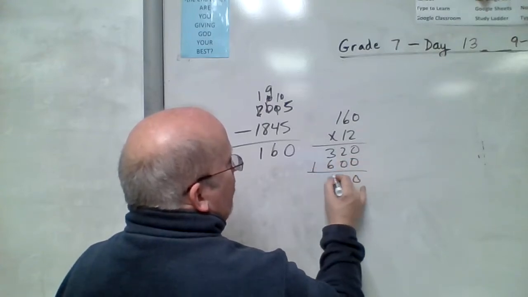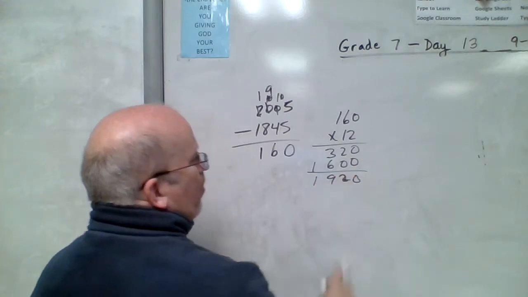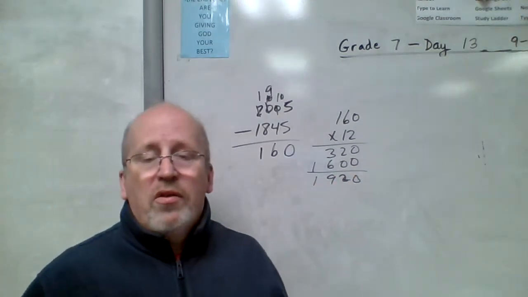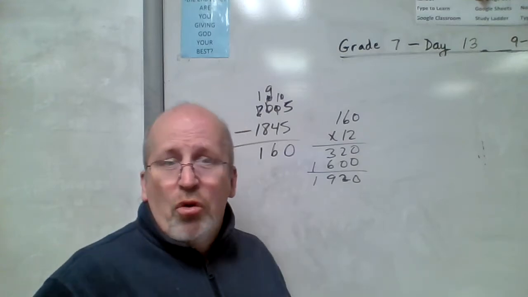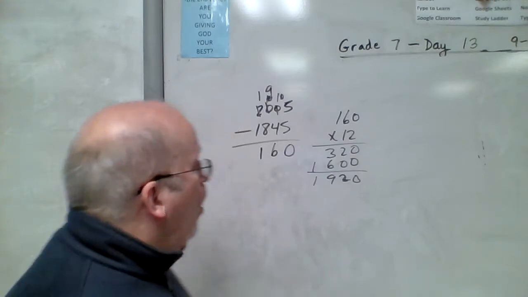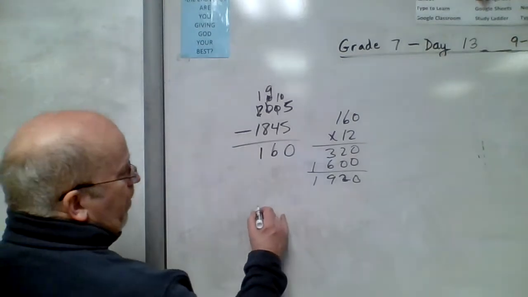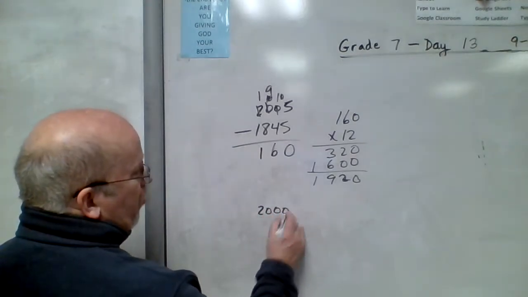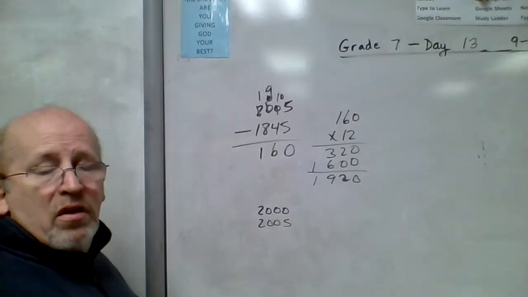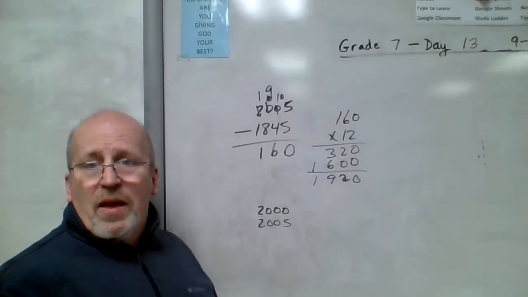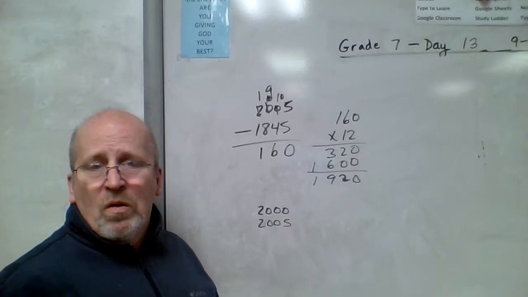Now, why is this not the right answer? Why is 1,920 not the right answer? Well, let me show you with a simpler problem. What if this company started in business in the year 2000 and finished in the year 2005? How many years did they publish magazines?